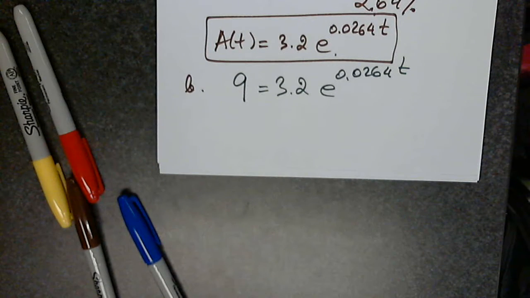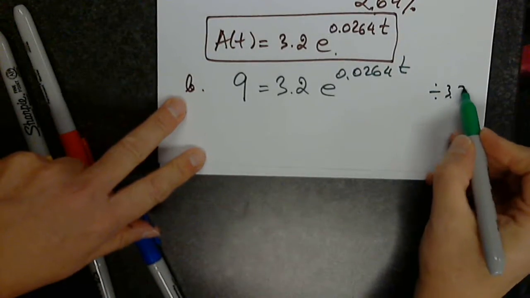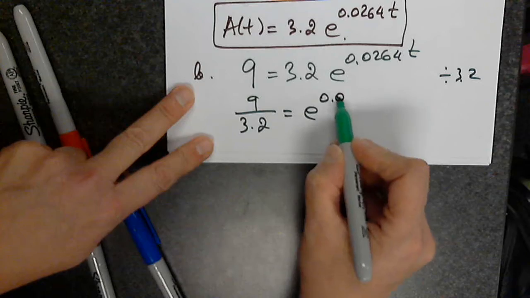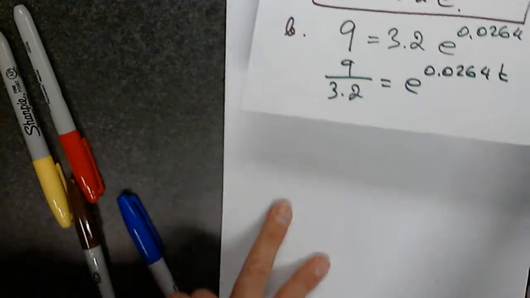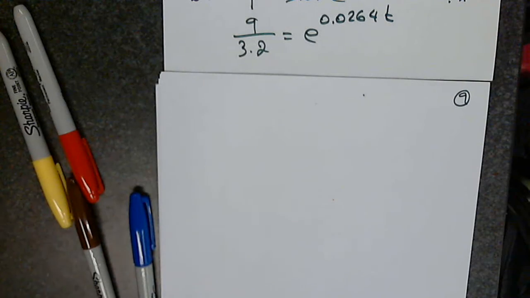Okay, the same thing from before. What is the very first step? Clean it up, yes. I have to divide by 3.2. So 9 divided by 3.2 equals e to 0.0264 t. Now I'm ready to bring that power down, otherwise I will never be able to solve it. So how do I bring that power down?